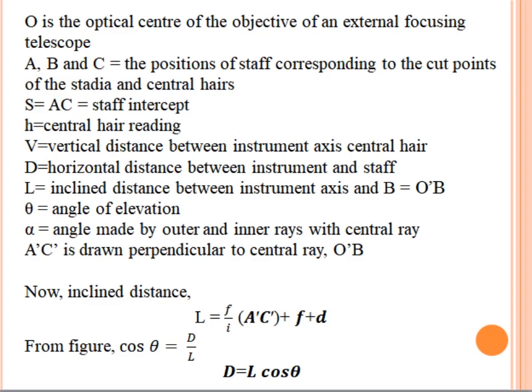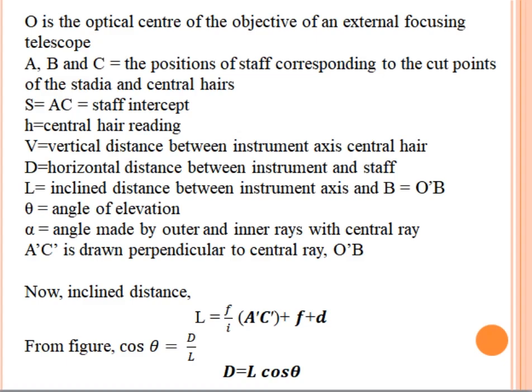S is the staff intercept, h is the central reading. V is the vertical distance between the instrument axis and the central hair. D is the distance between the instrument station and the staff. L is the inclined distance between the instrument axis and B. Theta is the angle of elevation. Alpha is the angle made by the outer and inner rays with the central ray.